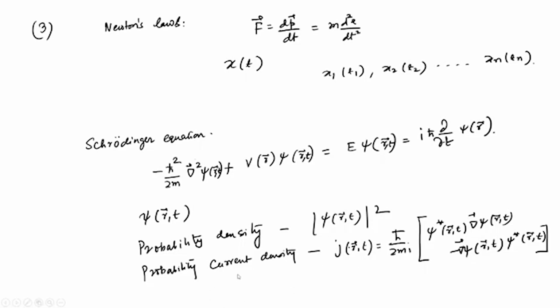So, psi is in general complex, which is why psi and psi star could be distinct. The probability current density would vanish if psi is completely real, which it does in certain situations, as you find when you solve the particle barrier penetration problem. If the wave function is completely real, there is no current associated with it, and it is called an evanescent wave instead of a propagating wave.